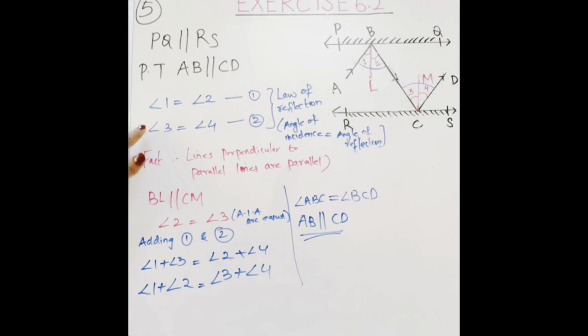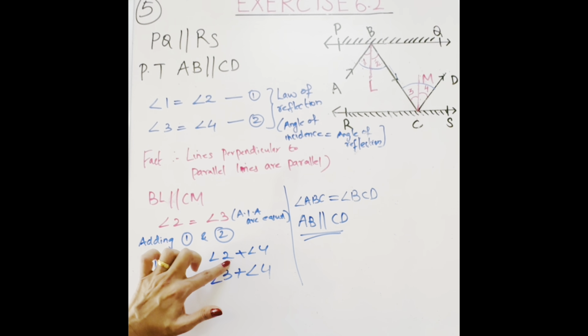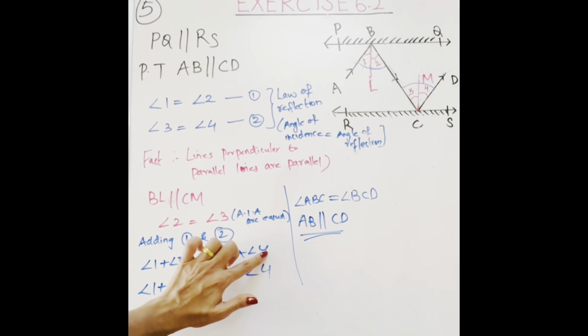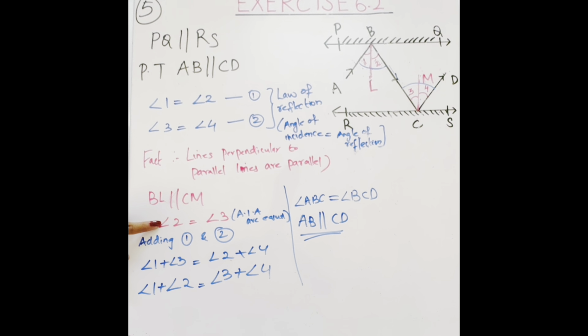Then we got angle 1 plus angle 3 on the left hand side, and the RHS is angle 2 and angle 4. As we found that angle 2 is equal to angle 3, instead of this 3 we replaced it with 2. So it became angle 1 plus angle 2 is equal to angle 3 plus angle 4.